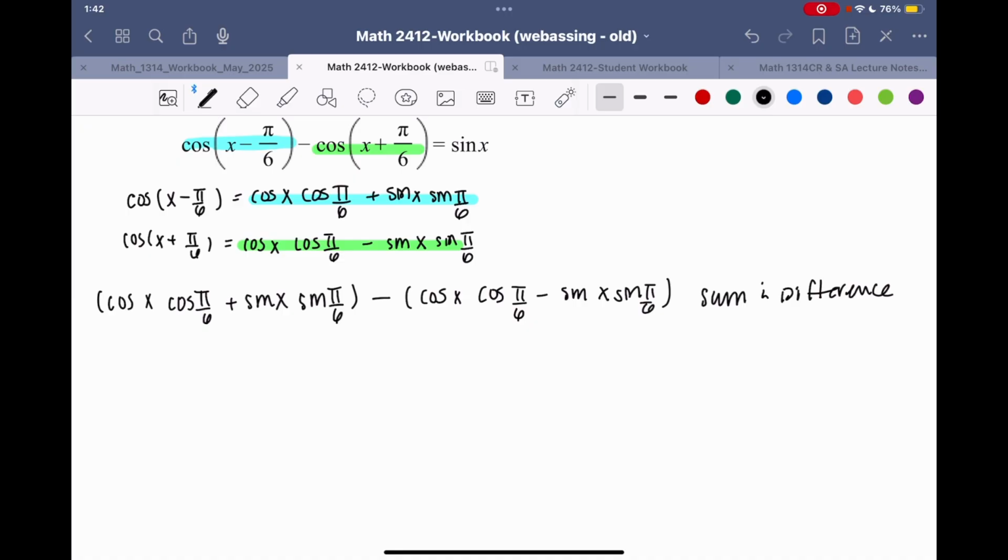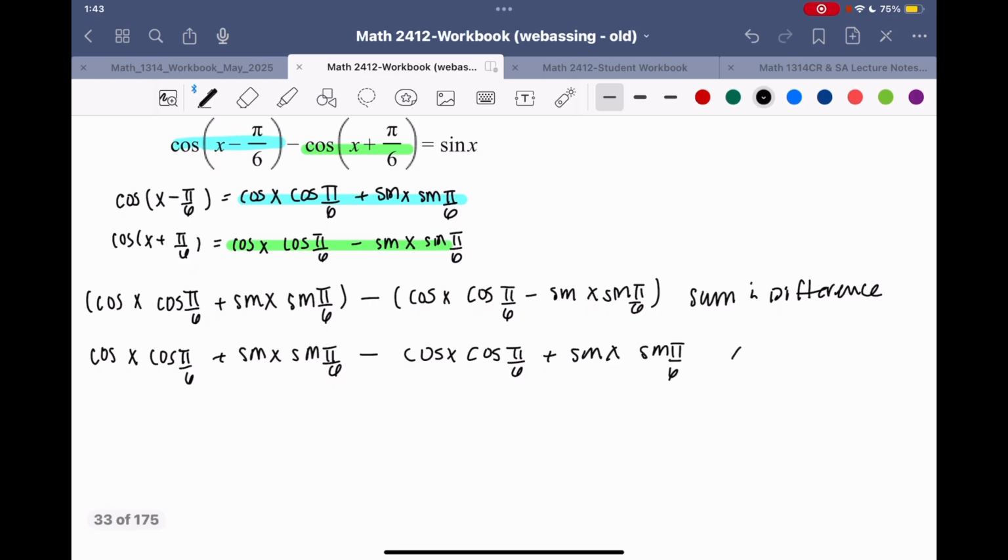And then we're going to go ahead and distribute to see what that looks like. We get cosine x cosine pi over 6 plus sine x sine pi over 6 minus cosine x cosine pi over 6 plus sine x sine pi over 6. This is just algebra.